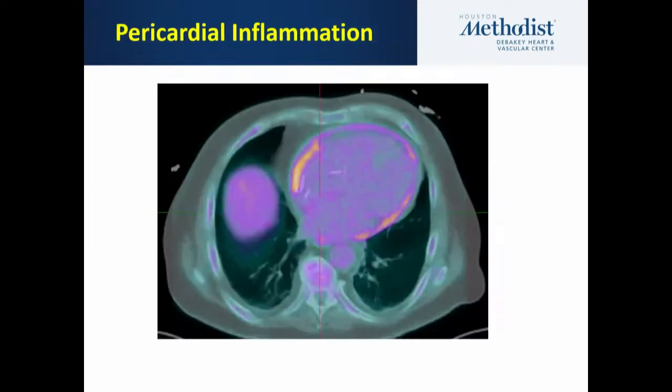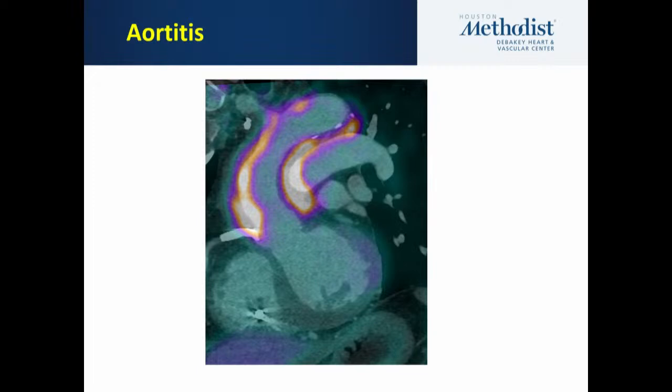We've also seen it in pericarditis. This is one patient who has significant FDG uptake in the pericardium. We have an MRI that shows significant late gadolinium enhancement. This is a patient where you see FDG uptake in the aorta with aortitis, and this patient came in multiple times with ischemia because their coronary ostia were becoming so inflamed and stenosed.